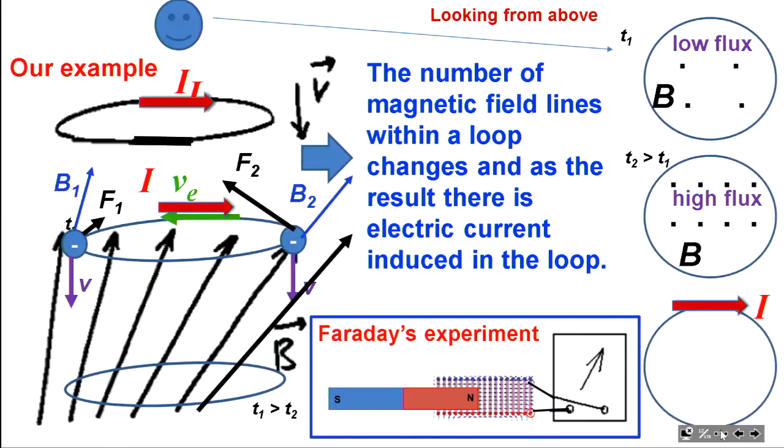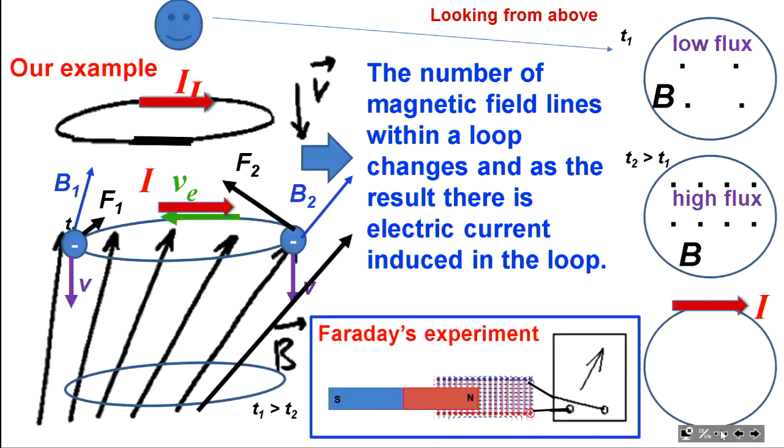And when the loop was traveling down, if we imagine that these lines point up, this is like magnetic field close to the North Pole. That's how lines go and go back to the south.